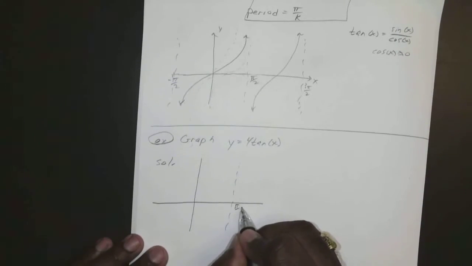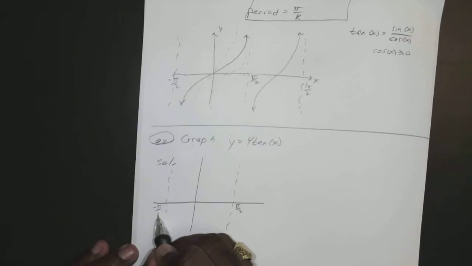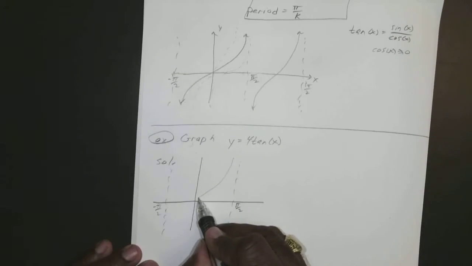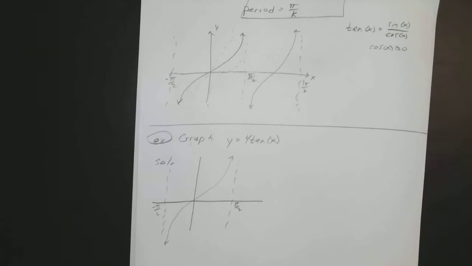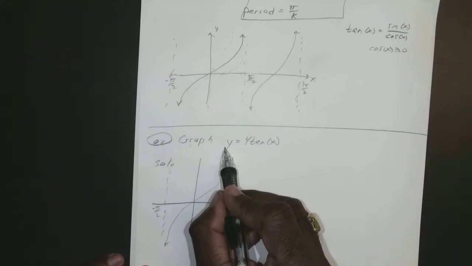let's say we have our pi over 2 and our negative pi over 2, and this is our regular tangent. Okay, so all the values where it equals, let's say 1, it'll now equal 4. All the values where it equals 4 will now equal 16. So all those values will now stretch up.